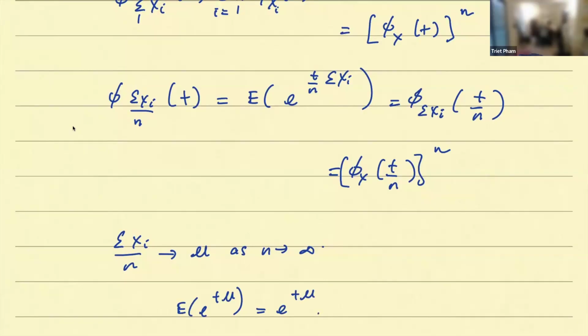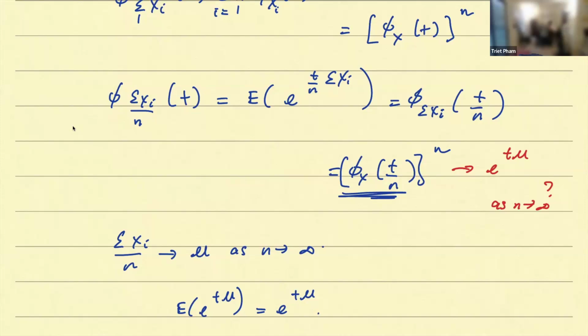Mu is just a number. So what is at stake here is to show that this object somehow converges to e to the t mu as n goes to infinity. That's the law of large numbers.